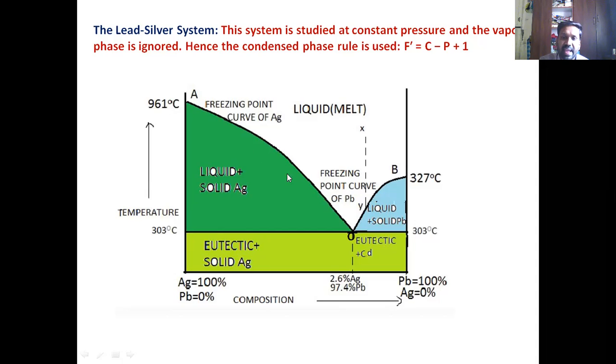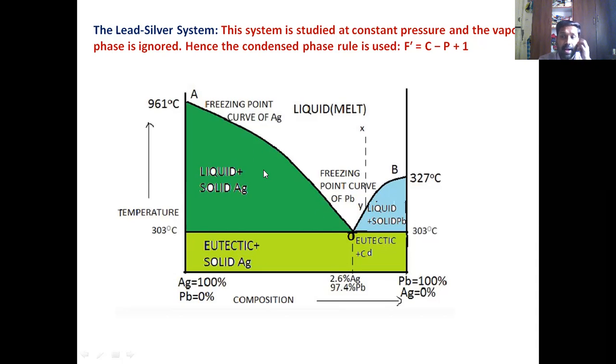So what is this AO? AO is nothing but the freezing point curve of silver. Why is it freezing? If you look at it from the liquid melt side, it is freezing. If you look at it from the solid's point, it is melting. This is the freezing point curve of lead. Okay, fine.